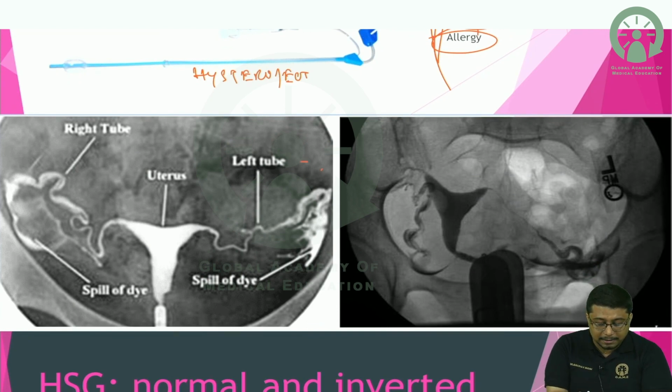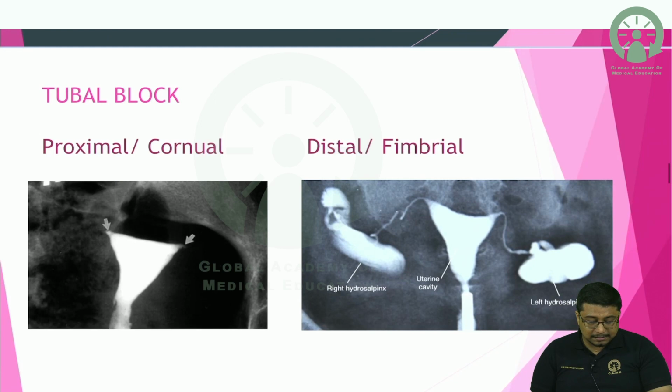Just to compare, this is the same image, only the positive and the negative, and you cannot comment on the uterine body based on this. So this is not a bicornuate or arcuate uterus. To comment on that, we need to see the uterus from outside through a laparoscope, right? So this is a proximal or cornual block, which again can be due to spasm, or a true block needs hysteroscopy and laparoscopy.